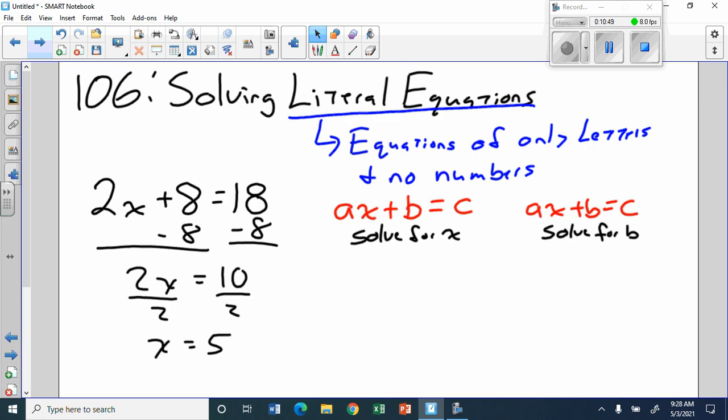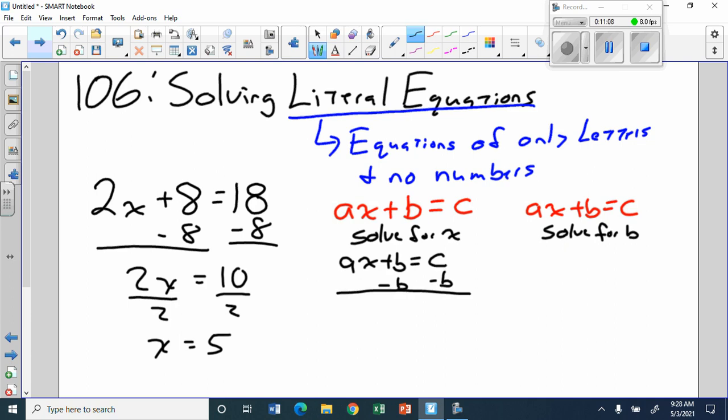So, as I look at this one right here, if I had ax plus b equals c, now I want to get x all by itself. Over here, I remove the 8. What am I going to remove over here? That's exactly it, the b. So I'm going to subtract b. So now I have ax equals, who said c minus b is a? Can I subtract c and b? Are they like terms?